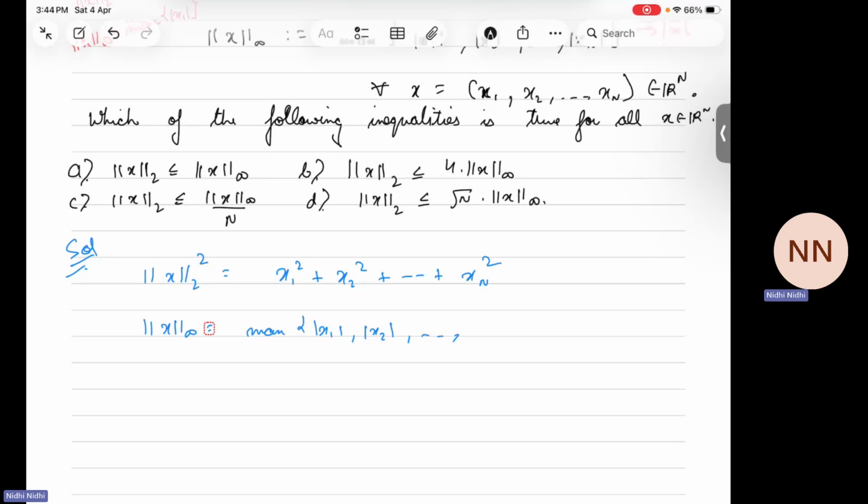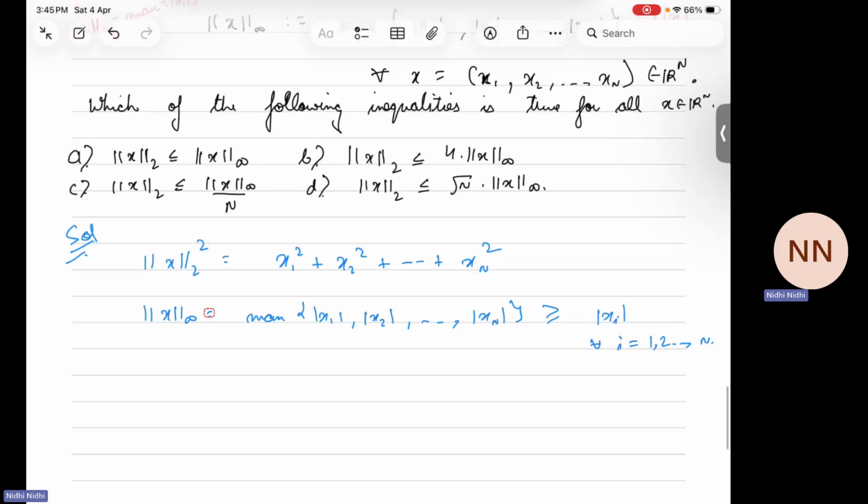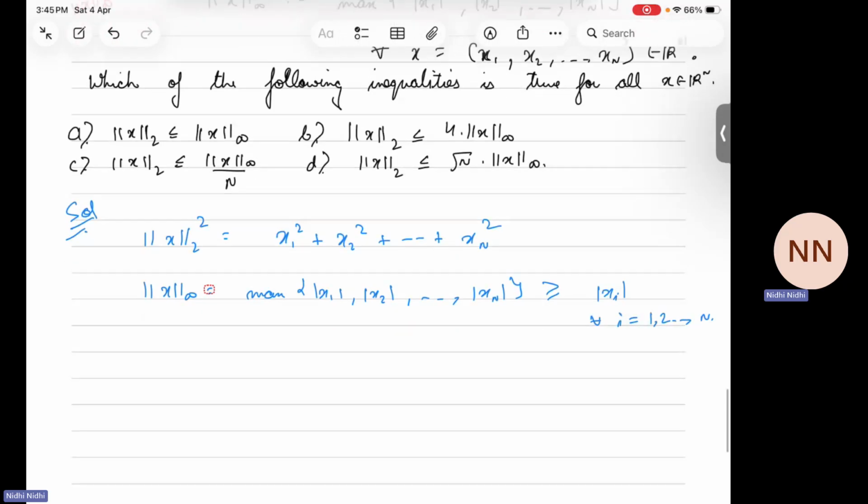Of course, it will be equal to some xj, but in that case also greater than or equal to will work. So the supremum norm square is greater than or equal to mod xi square, which can be written as just xi square because a square is always positive. This happens for every i from 1 to n.